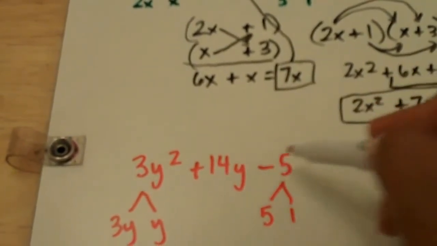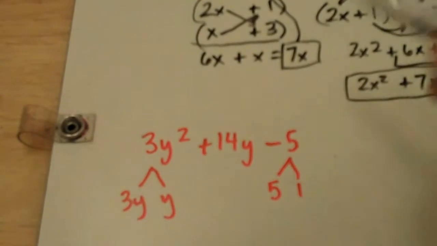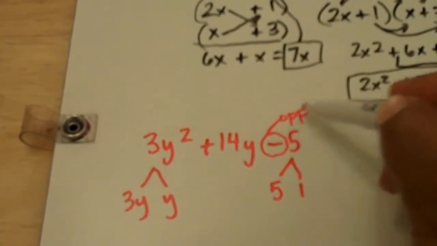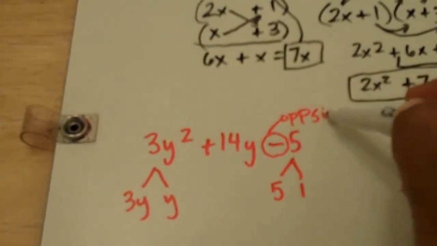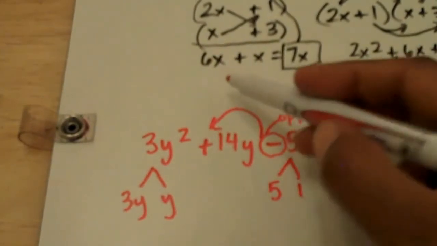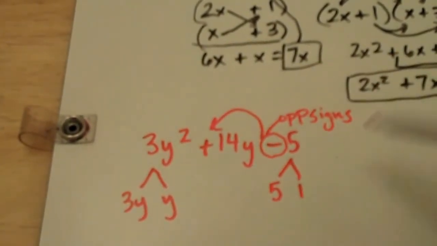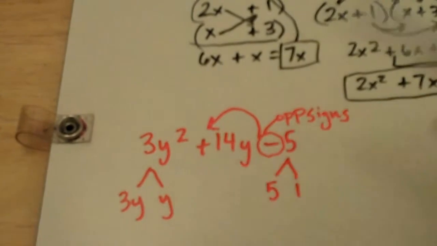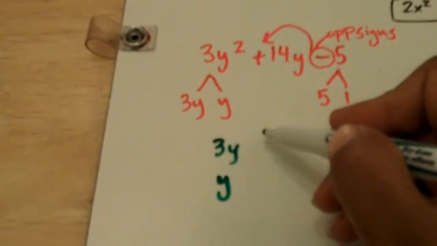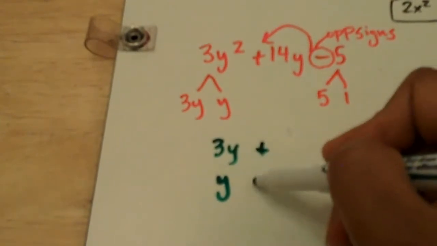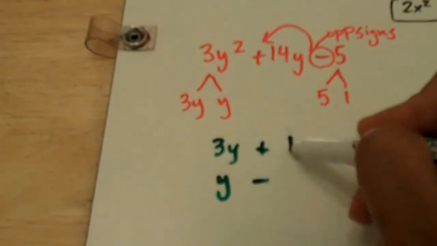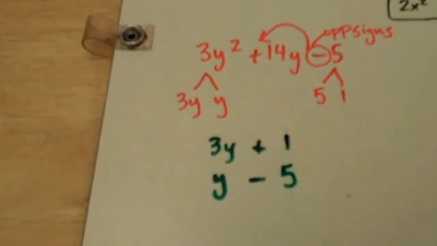Now we look at the sign, which is negative. Since the sign is negative, that means it's going to be opposite signs. We look at the middle sign, and that means the larger one is going to be positive, meaning the larger product that we multiply. So we have 3y and y, and we know the signs will be positive and negative, opposite signs. Here we will have 1, and here we will have 5.